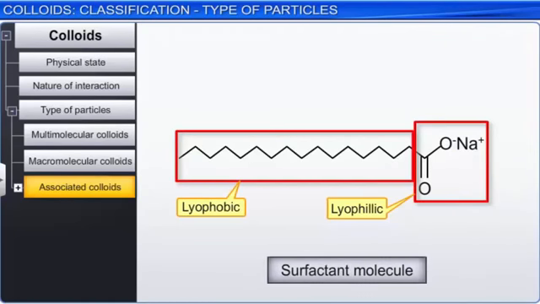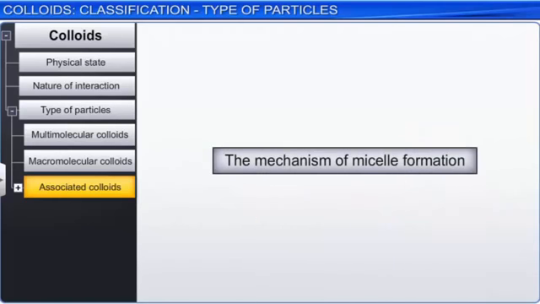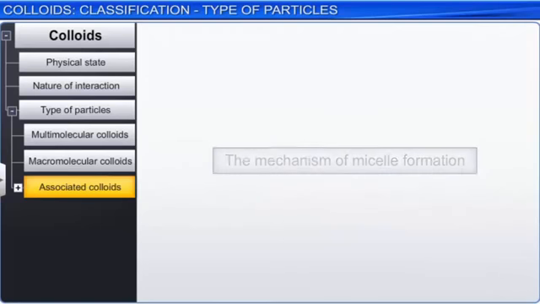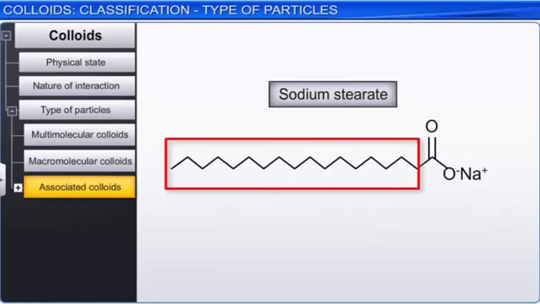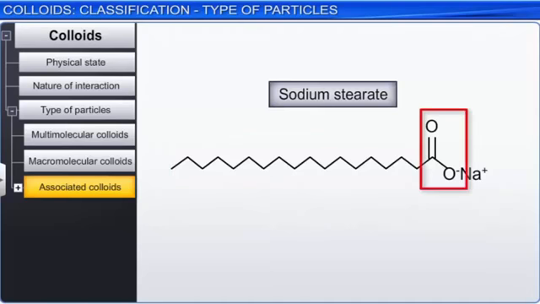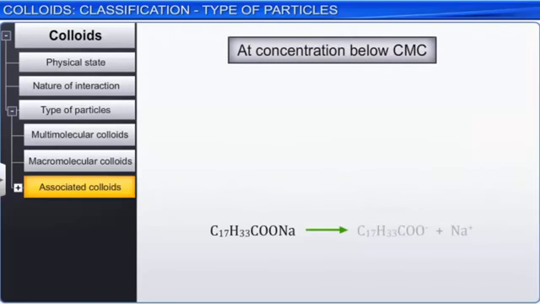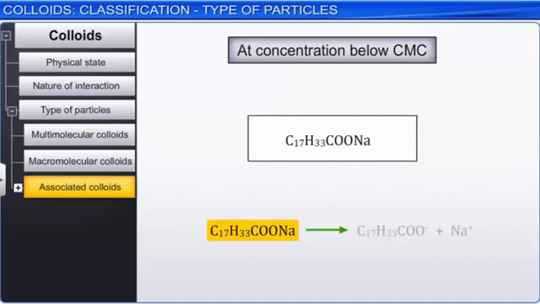Let us now discuss the mechanism of micelle formation. In sodium stearate, the long hydrocarbon part of the stearate radical, that is C17H35, is the lyophobic end, while COO- is the lyophilic end. When the concentration of the solution is below its CMC, sodium stearate behaves as a normal electrolyte and ionizes to give sodium and stearate ions.